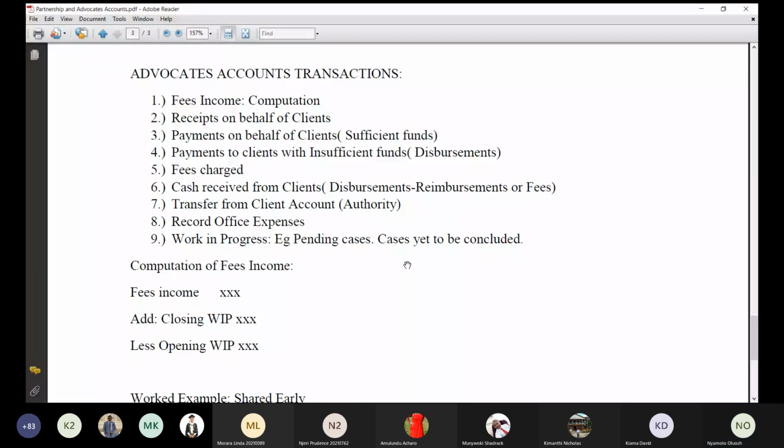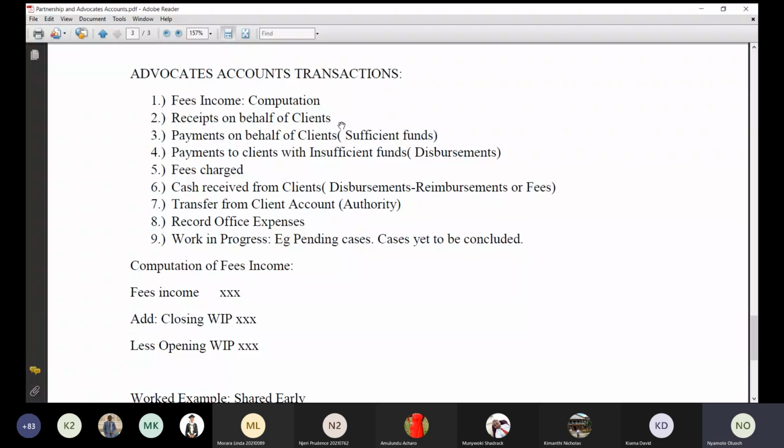My concern would then be the transactions that an advocate will have to undertake. The first thing, the accounts that these advocates are going to prepare, they will also do their income statements and a balance sheet. For the income statement, for normal businesses, we were talking of sales.